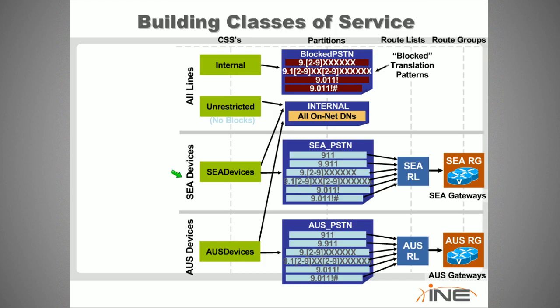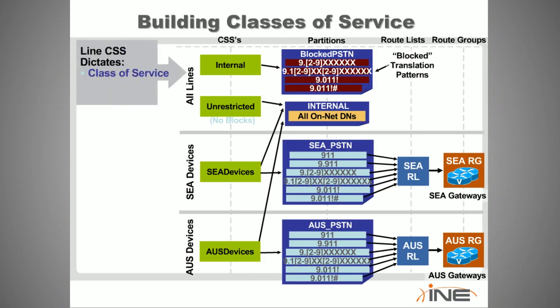But we also have then specific Seattle devices, like Seattle phones, even Seattle gateways for inbound calls, maybe. Austin devices, and then any number of other sites we have will have devices for calling search spaces and patterns. Note that we still have to have a replication of the patterns.